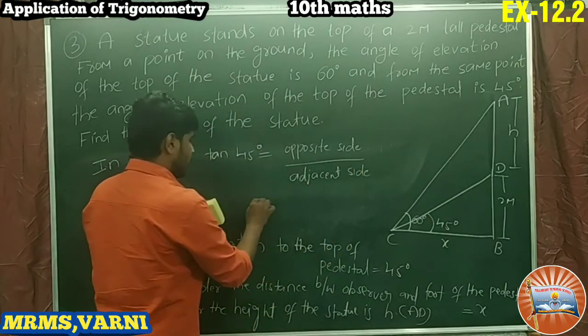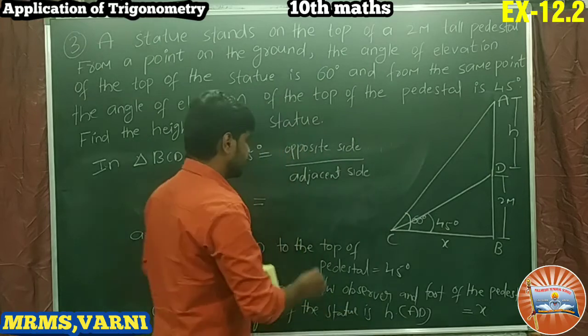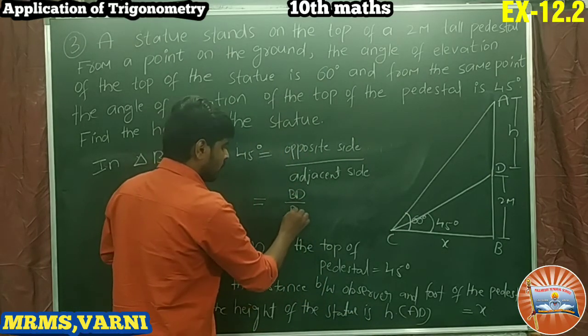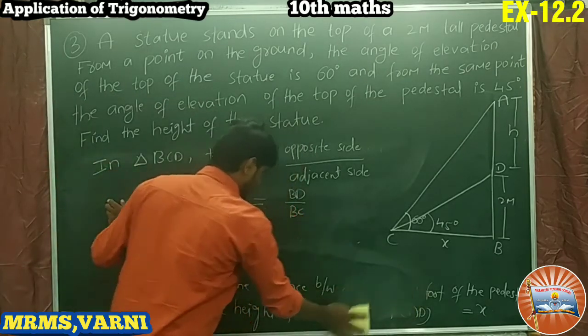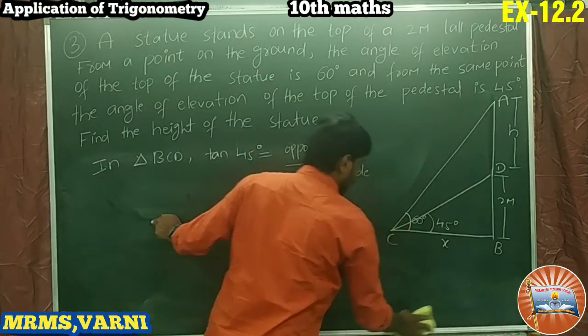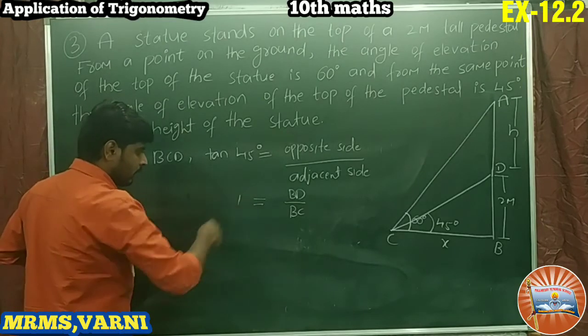The opposite side to 45 degrees is BD, and the adjacent side is BC. Tan 45 value is 1.